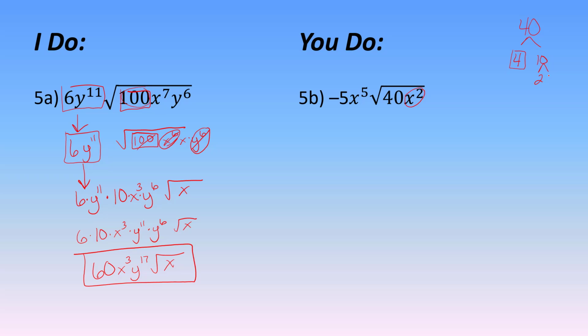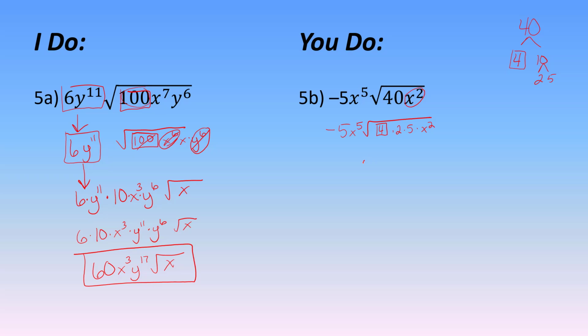Roots of 10 would be 2 and 5. So we have negative 5x to the 5th power times the root of 4 times 2 times 5 times x squared. So I'm just going to simplify the radical.